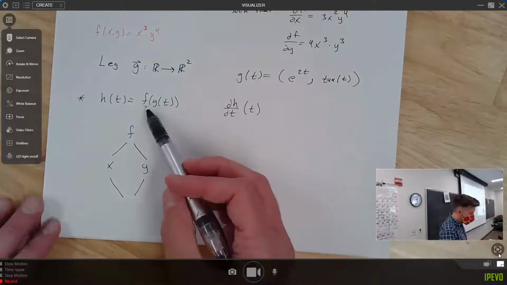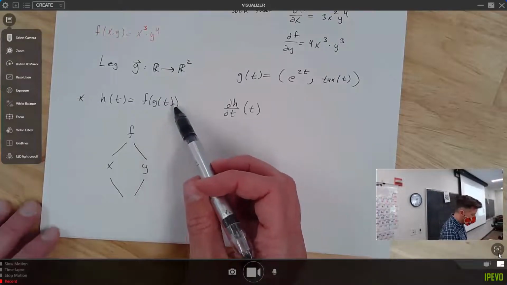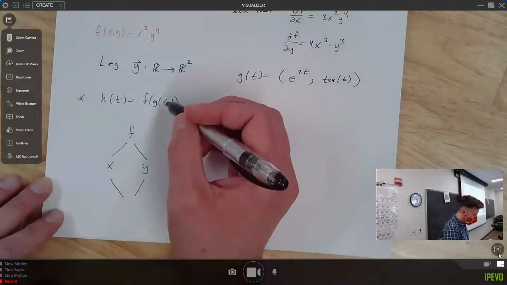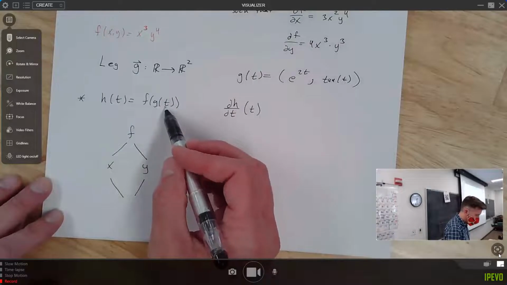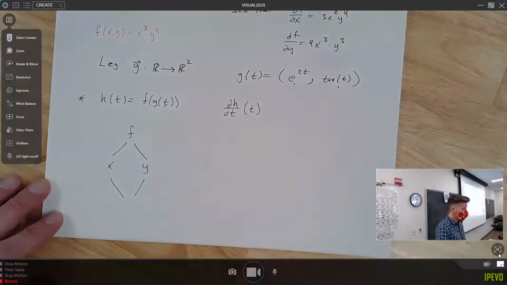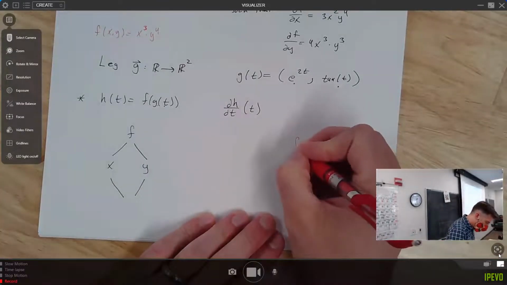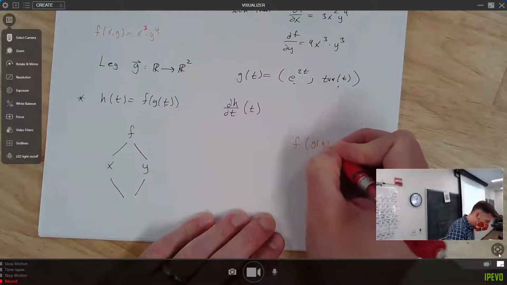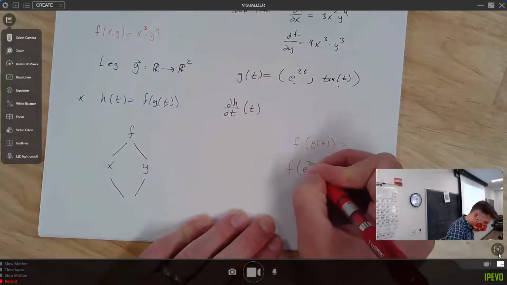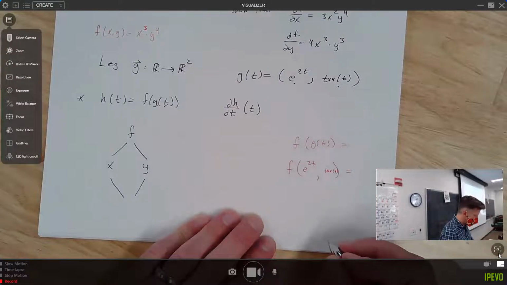And if I'm thinking of f of g of t, then it is kind of true, because what I'm going to be doing is plugging in g of t, which is this for x and this for y. So again, here's some information we don't really know, but I'm going to show you anyway. f of g of t would be f of this ordered pair, e to the 2t, tangent of t, and that would be equal to garbage.